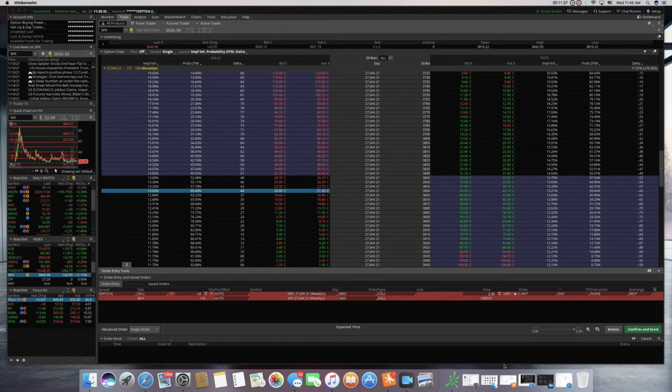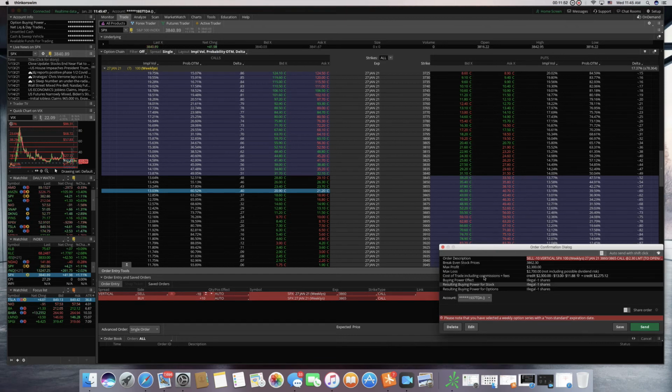And the break even on this will be the short call strike price plus the net premium received. If you're using Thinkorswim, it does all this for you on the order confirmation tab. But just to know what the calculations are: the break even is the short call strike price plus the premium received.